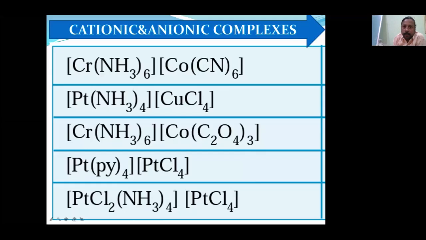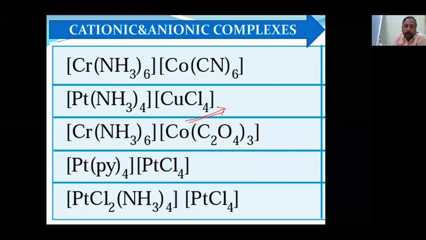Now I am writing the name of this complex. All of you check your mistakes. Majority of the mistakes are now reduced. Now let us see. It will be hexaammine, then on the left side there is chromium. Oxidation number of chromium, everybody knows this.